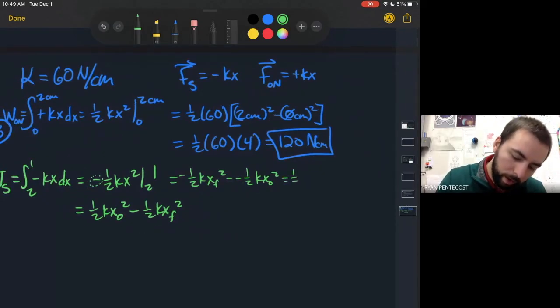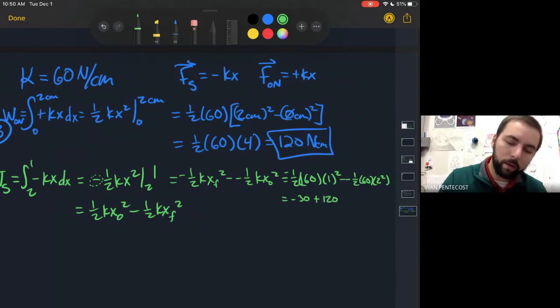So this would be negative 1/2 times 60 times x final, which is 1 squared, minus negative 1/2 times 60 times 2 squared. So here we have negative 30 times 1 is negative 30, plus 60 times 2 is 120. So negative 30 plus 120, you get 90 Newton centimeters if you do it this way.